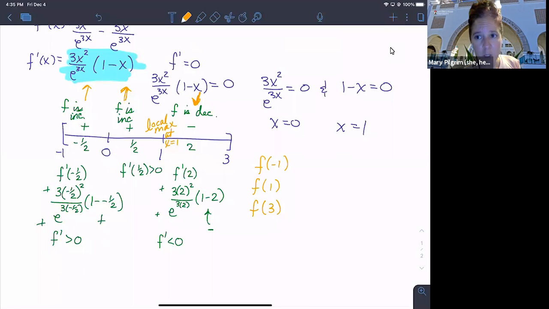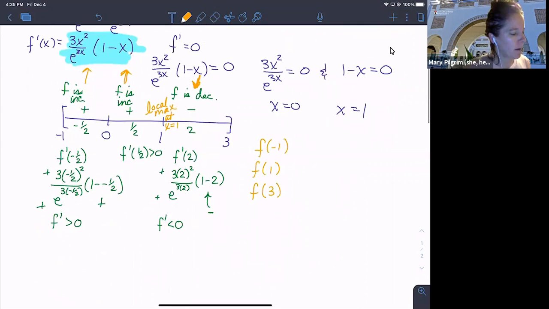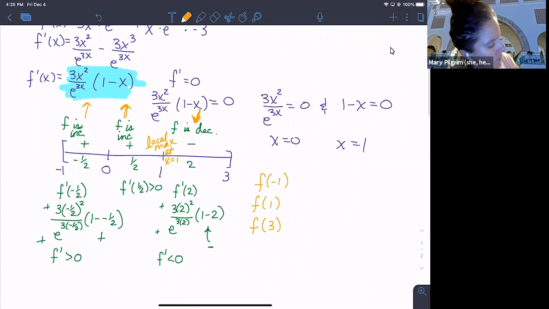What that maximum value is going to correspond to the function value. And whether or not it's also an absolute max is going to depend on what the function values are. So let's figure out what the function values are for each one of these.